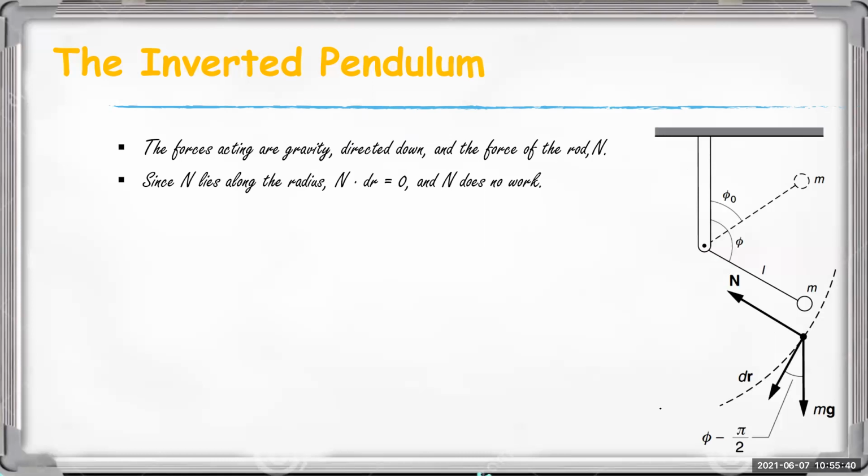We have discussed such quantities and their significance when discussing the conical pendulum and when applying the work energy theorem. So N and dr are mutually perpendicular, then N dot dr is equal to 0. Then we have to find the work done by gravity.